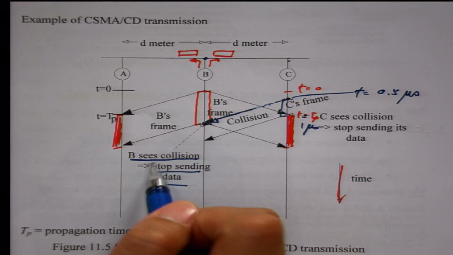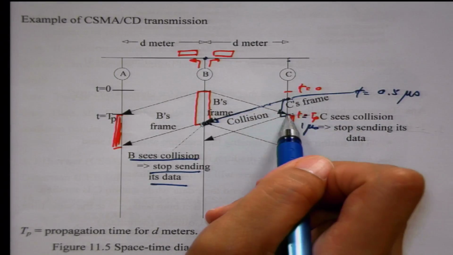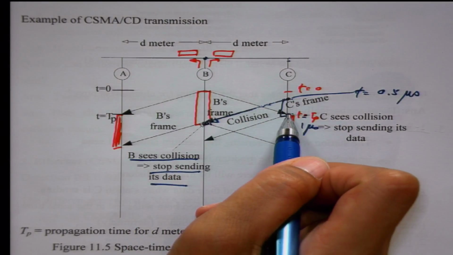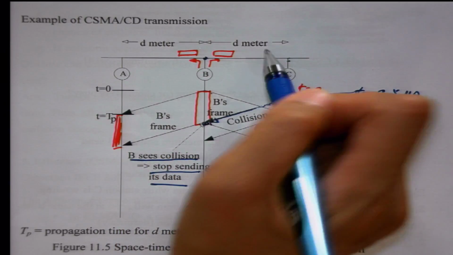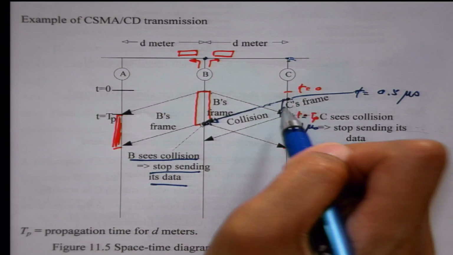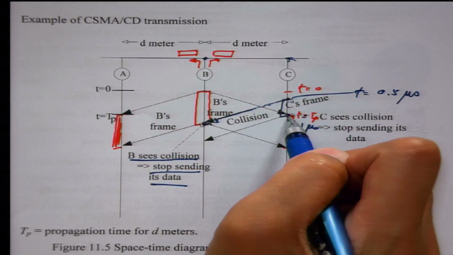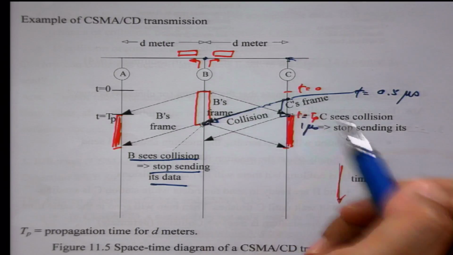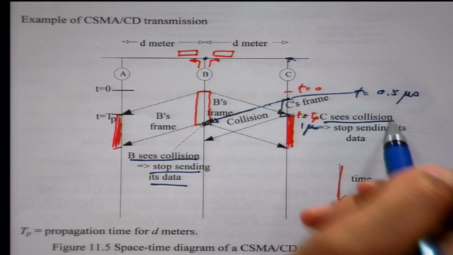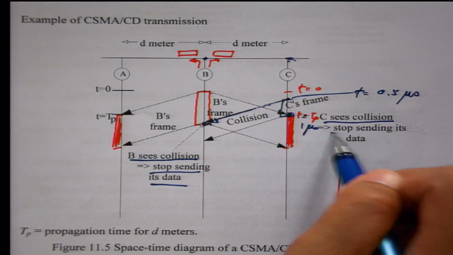So when B sees the collision, B stops sending the data, and then when B's frame arrives at station C, at this point, station C will see that there is a collision because there are other users' signals coming. So C will see the collision at this point, and C will stop sending the data.